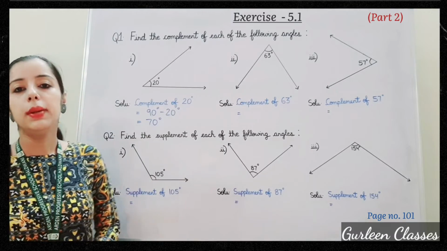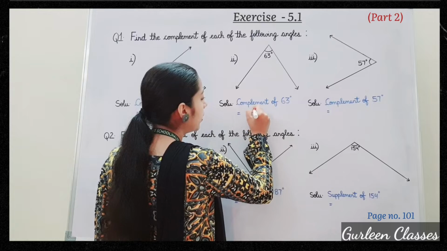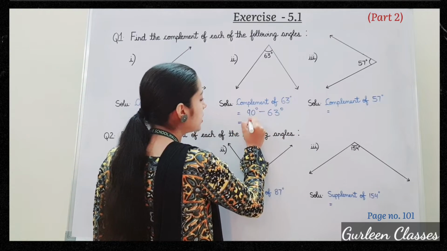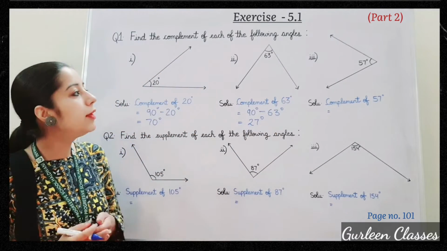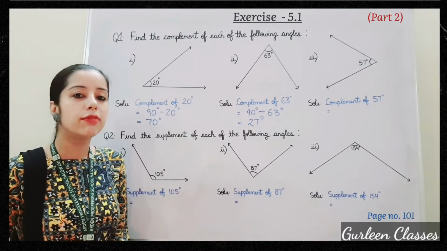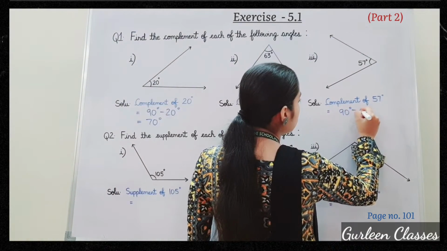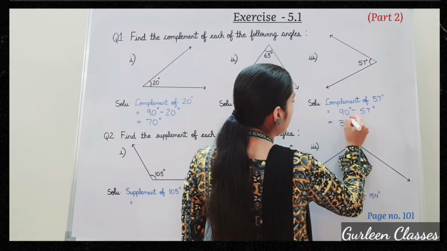Second part, complement of 63 degrees. So write here 90 degrees minus 63 degrees. Subtract, the answer is 27 degrees. Third part, 57 degrees. So complement of 57 degrees is 90 degrees minus 57 degrees. So the answer is 33 degrees.